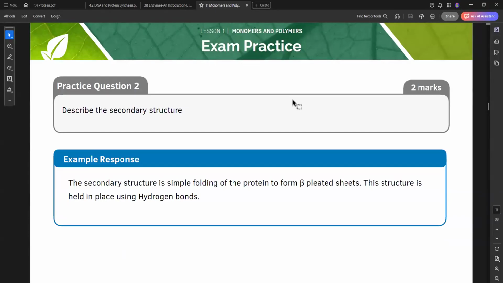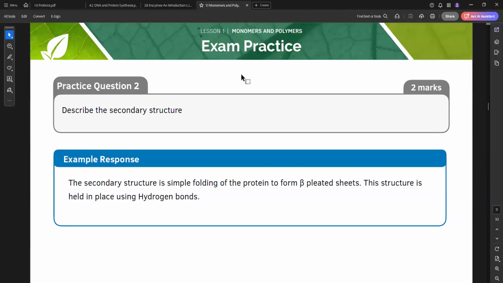Secondary structure is simple folding of the protein to form beta-pleated sheets. This structure is held in place using hydrogen bonds. How many marks would you give that? Okay, we have some contesting in here.